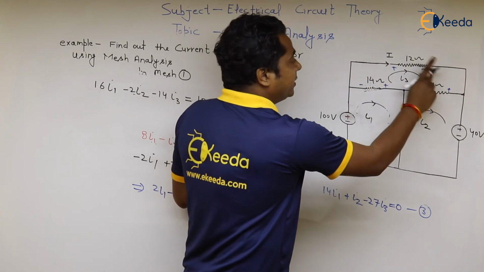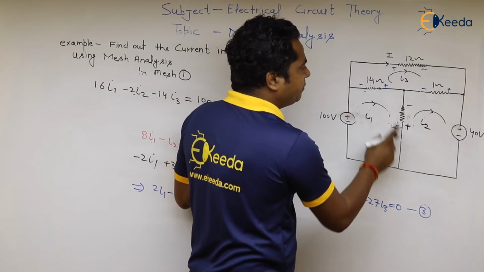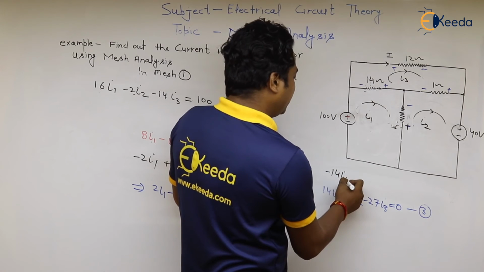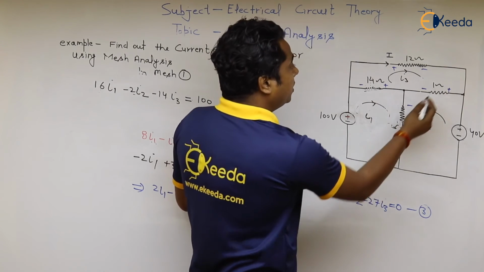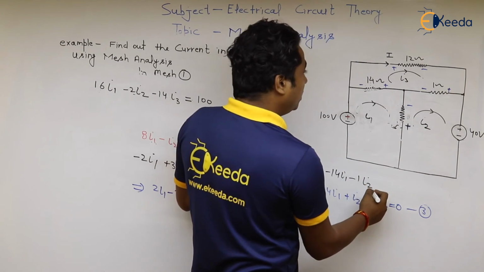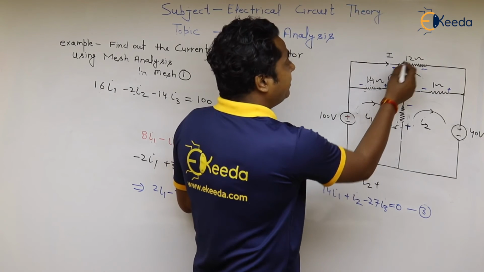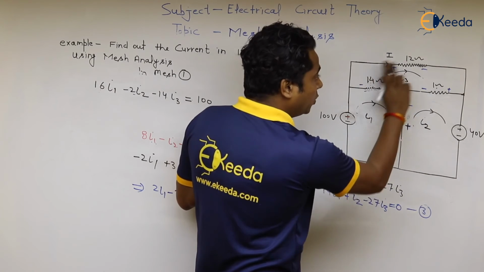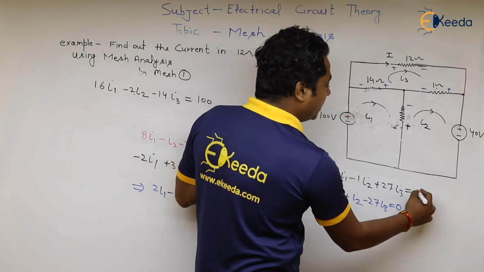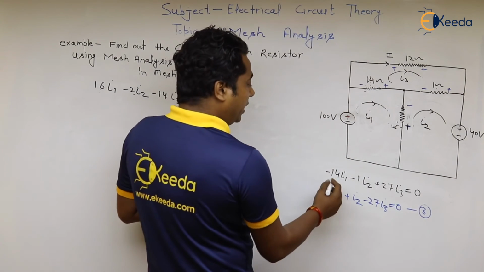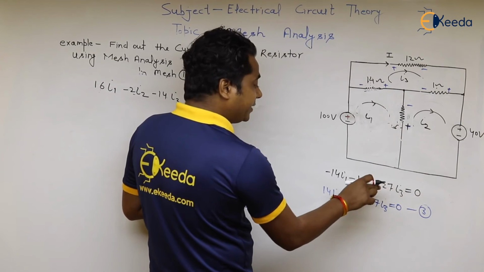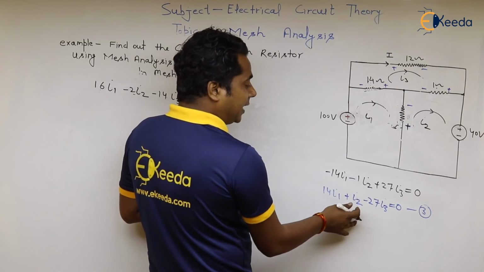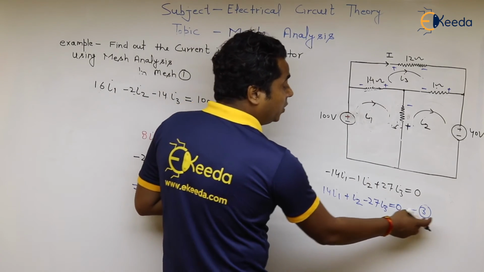And in mesh number 3, directly we can write here minus 14 I1 minus 1 I2 plus 14 plus 12 plus 1, 27 I3, and there is no voltage source here, so that will be equal to 0. If we multiply by minus 1, that converts to 14 I1 plus I2 minus 27 I3 is equal to 0.